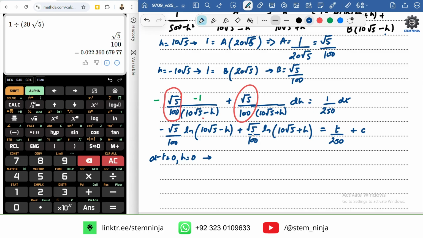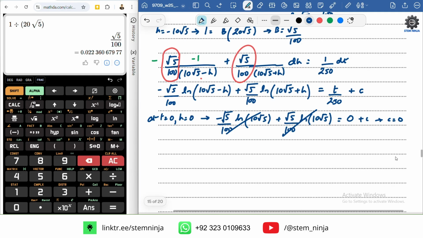So this one would become minus root 5 over 100 ln 10 root 5 plus root 5 over 100 ln 10 root 5 equals to 0 plus c. So as you can see, they will both be cancelled out also. So c is also 0 therefore.